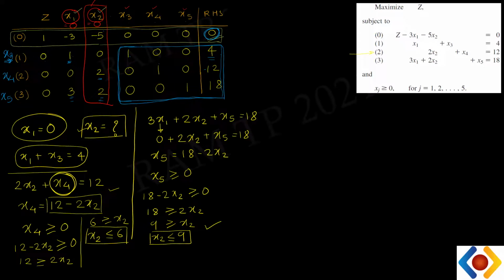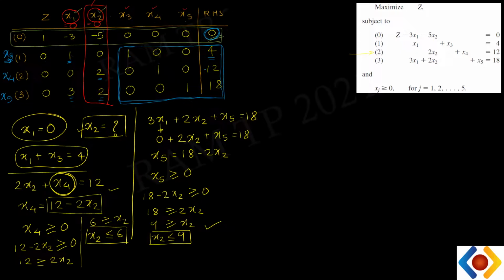Sorry, but can't we insert the value of x2 as 6 in the third equation? If we insert the value of 6 in the third equation, we will get some value for x5, but we have to get 0, so we're doing it in the second. That's the only reason.